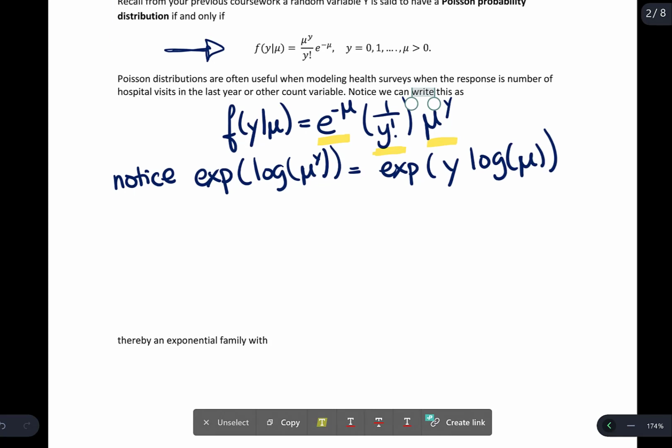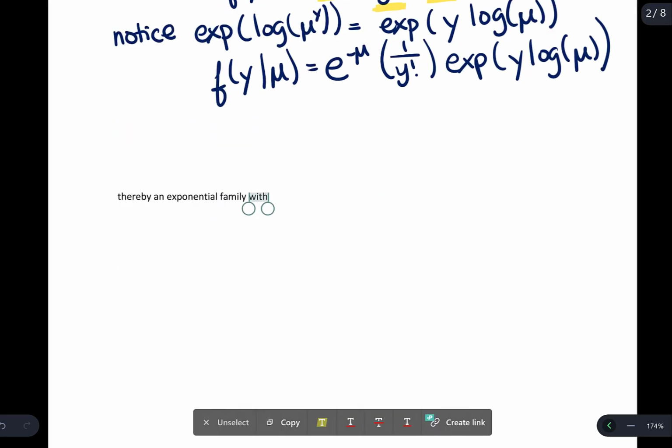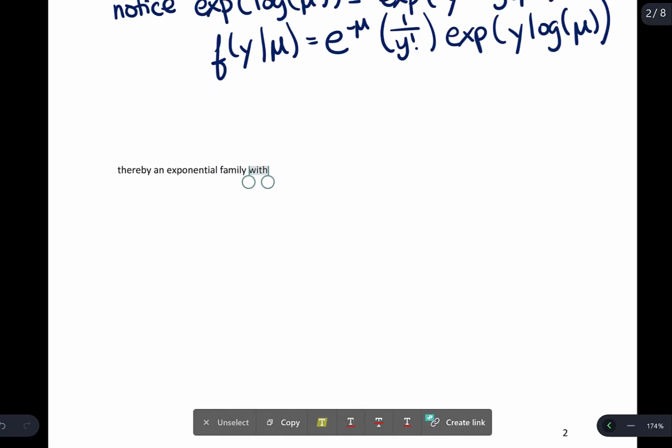So now we can rewrite, and we have the following. And so thereby this is an exponential family with the following.